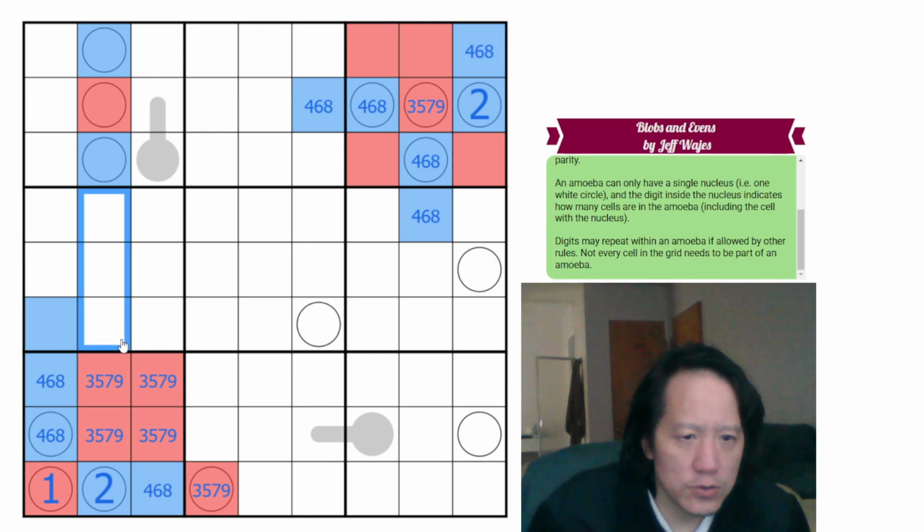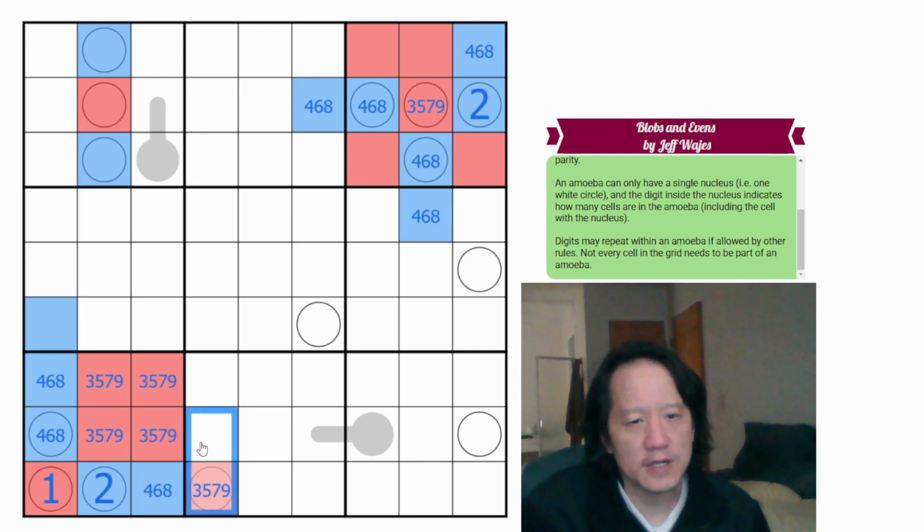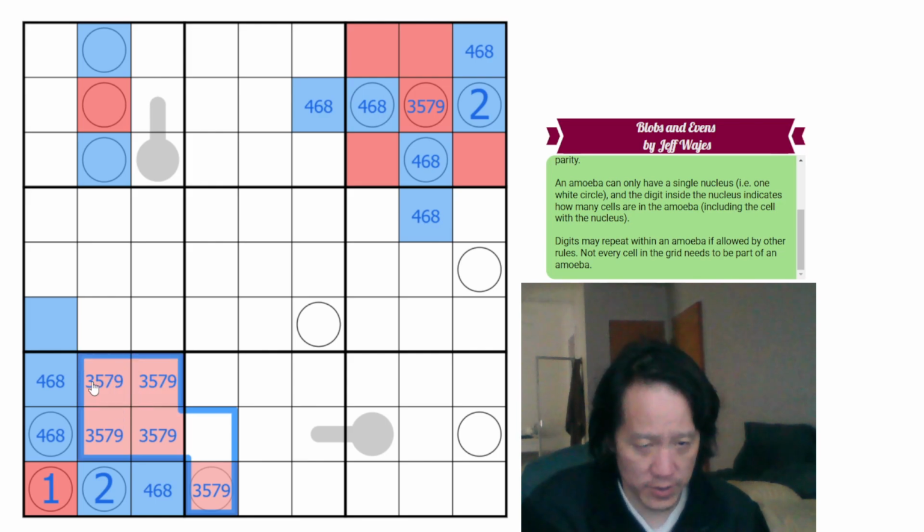We know 2 of these are odd and 1 is even. I'm wondering if this can connect to this one, right? If it connects that way, you need at least 1 more.